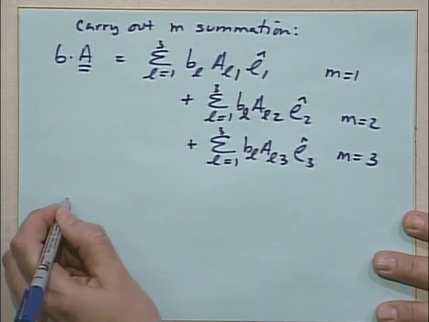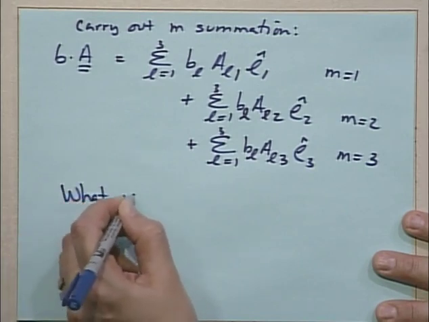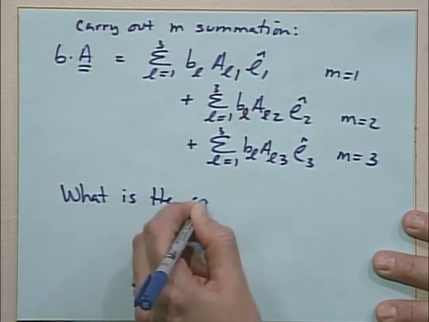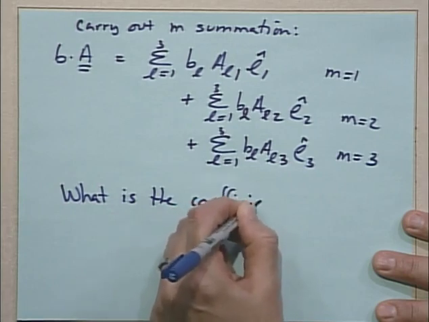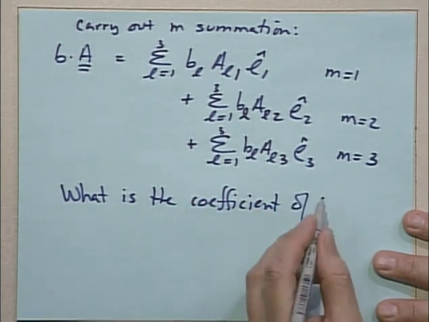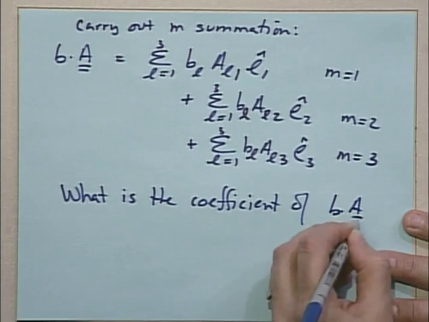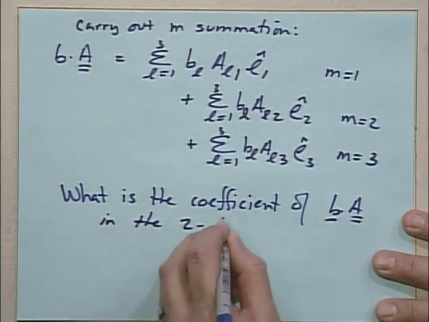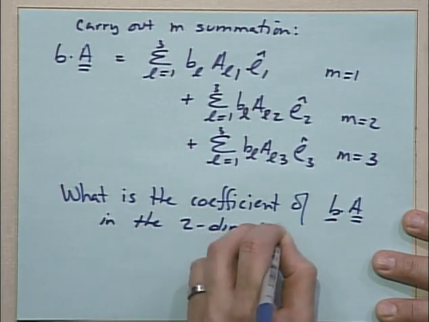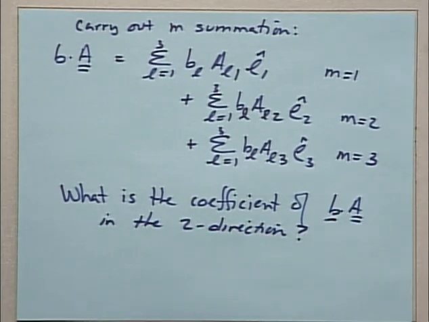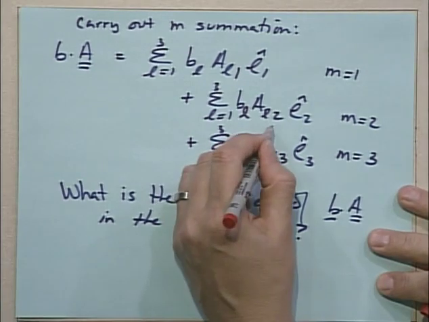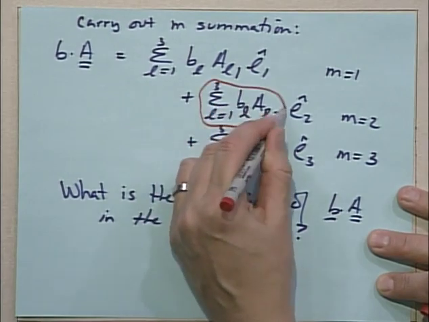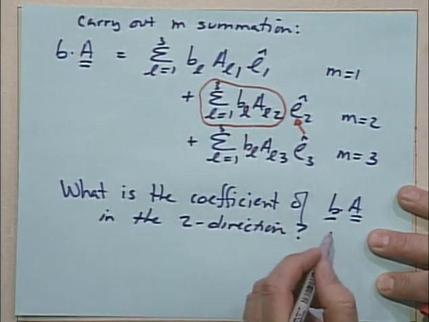If I ask the question, what is the coefficient of B dot A in the 2 direction? Do you know what it would be? It would be this mess here. It's the stuff in front of the E2.